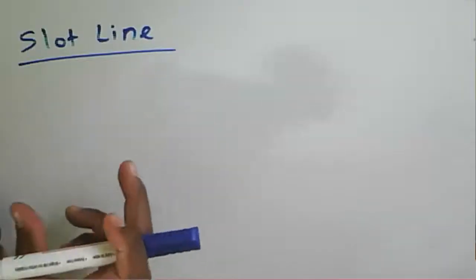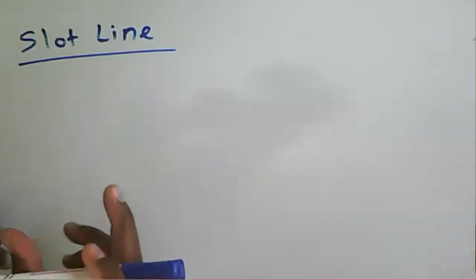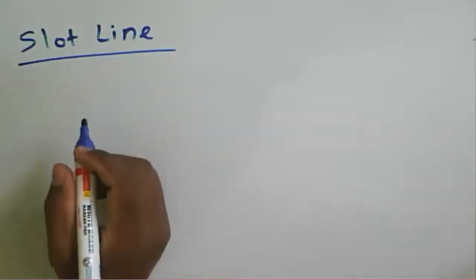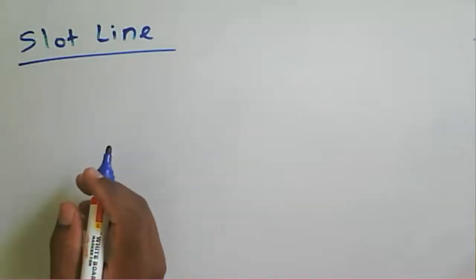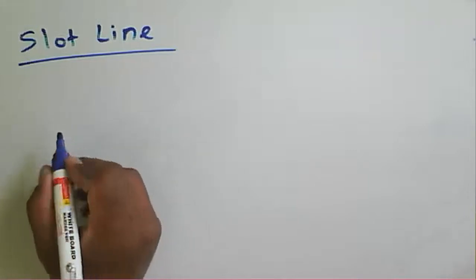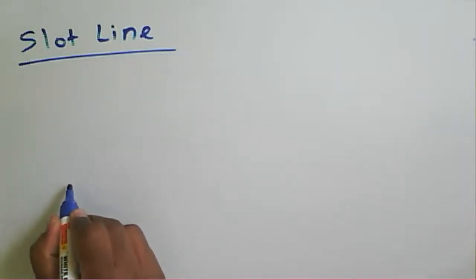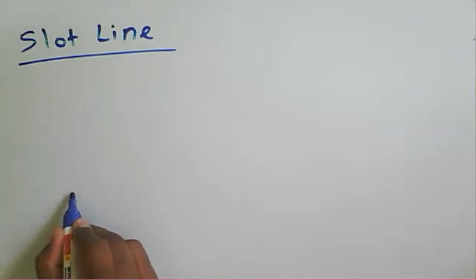It is just like a planar transmission line or a planar transmission structure. Now how is the slot line configured? We have seen earlier the strip line, and a similar kind of structure is there for the slot line.